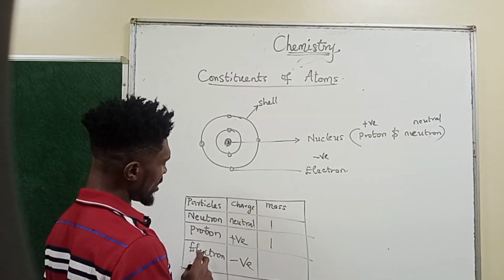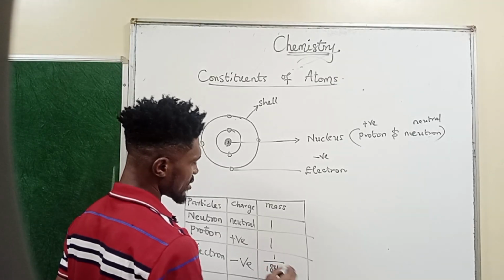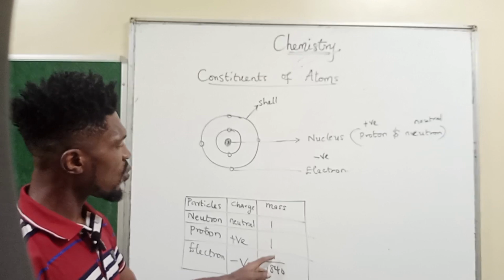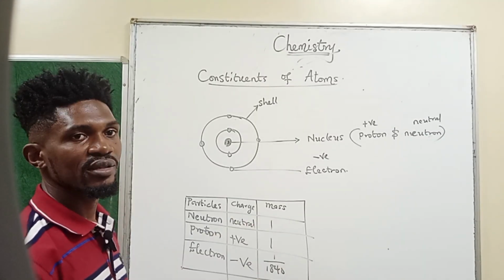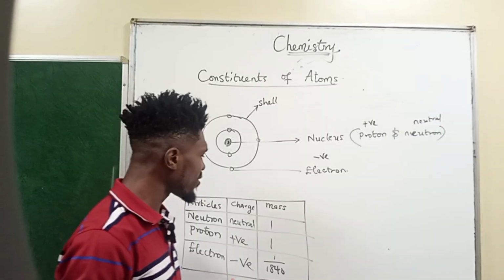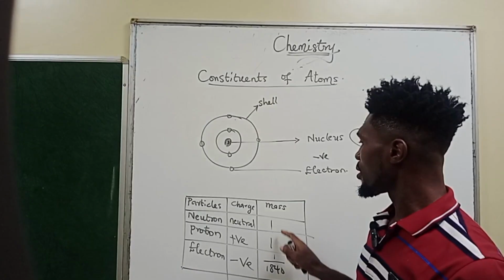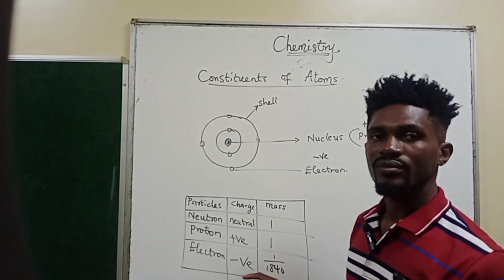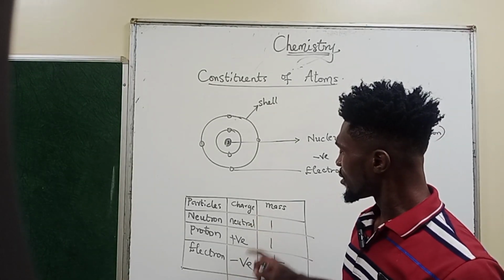But the mass number of electron is 1/1840. You can see that it's very, very small. The mass number of electron is 1 divided by 1840. It should give you 0.00 something. So the mass number of electron is actually negligible. While the mass number of proton is 1, the mass number of neutron is 1. The charges are neutral, positive, negative.